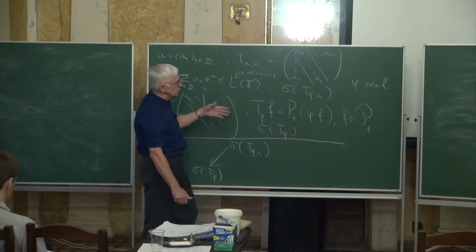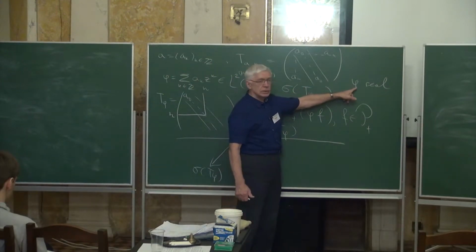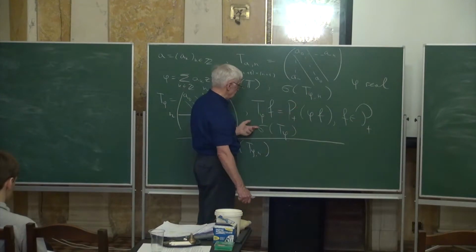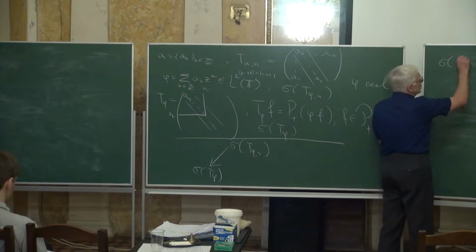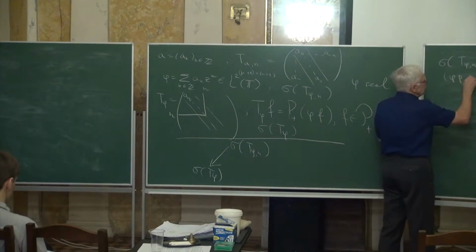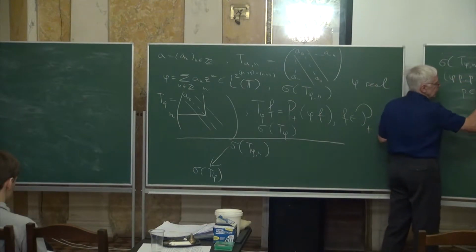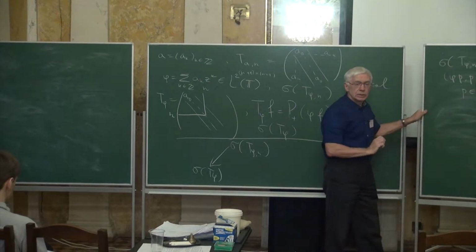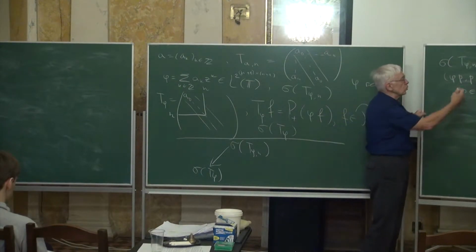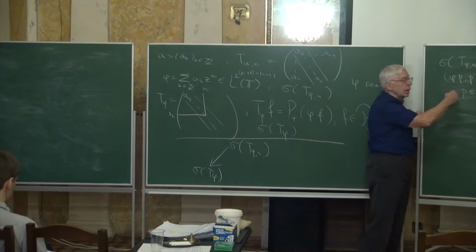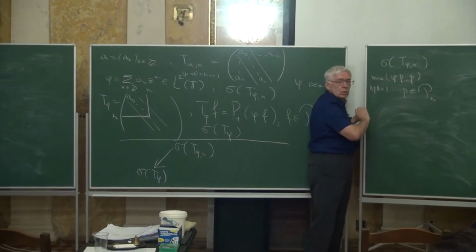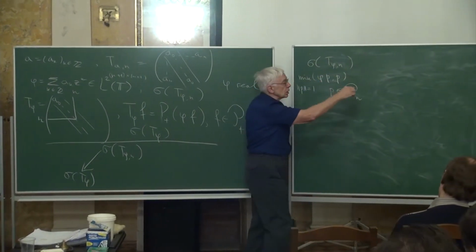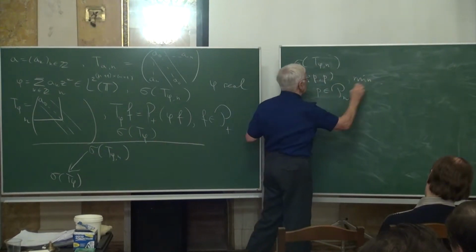So say in the situation of Toeplitz in the beginning, when phi is real, what is the spectrum? The spectrum of T phi n is defined by the quadratic form phi p, where p varies on the polynomials of degree n, and to find, say, the first eigenvalue, we just need to consider the minimum of this on the unit sphere, then take the orthogonal complement, the next minimum, and so on.